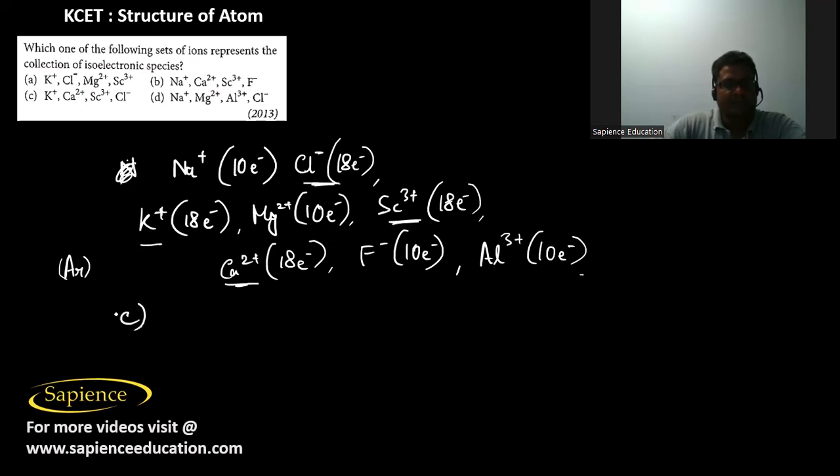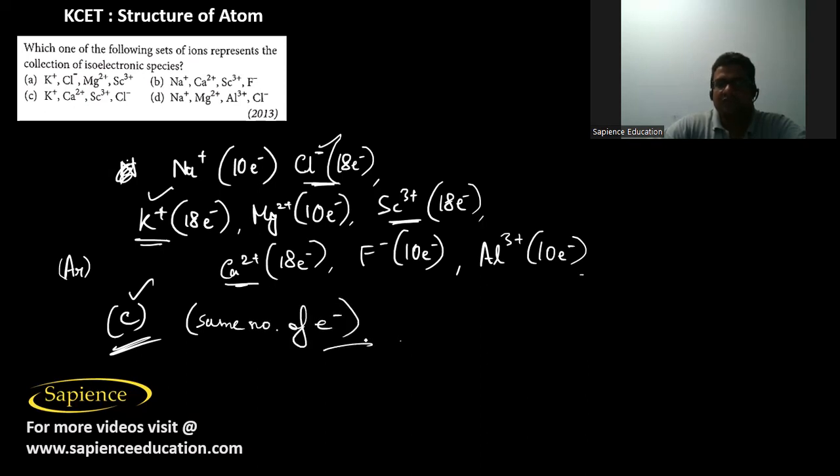So option C is the correct answer. These four are isoelectronic, since they have the same number of electrons. So they are called isoelectronic species.